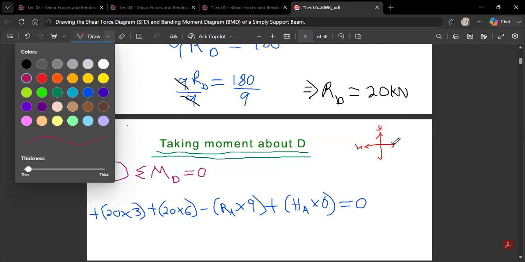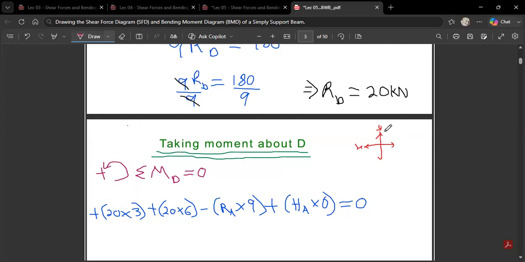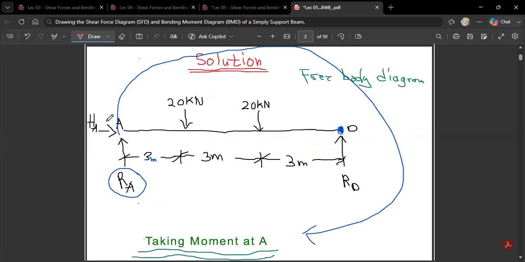I told you the other day that if you consider this diagram that I've just put over here, this is the positive region. This is negative. This is negative. And this is positive. So the direction in which HA is moving over there is positive. You understand me? Look at it over here. Look at the direction in which it is moving. Positive. That is why I say positive HA times 0.